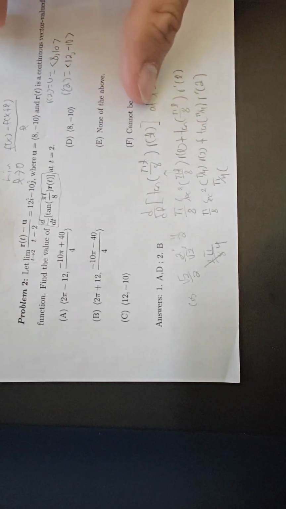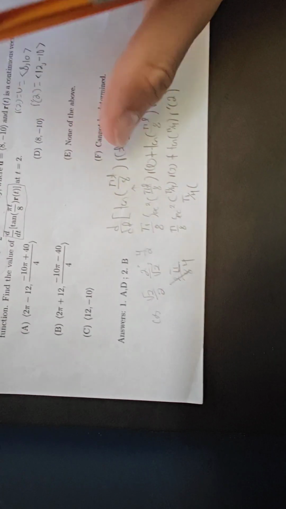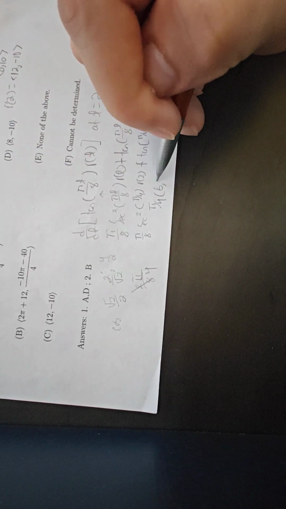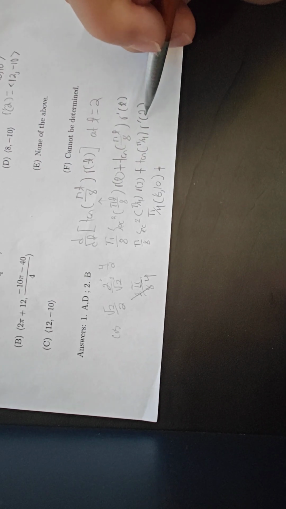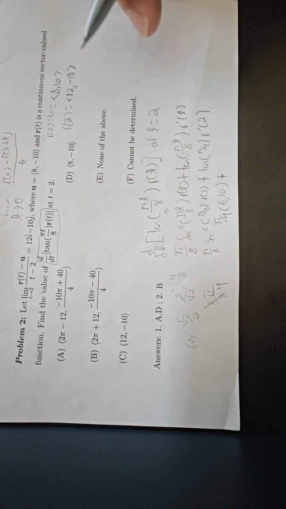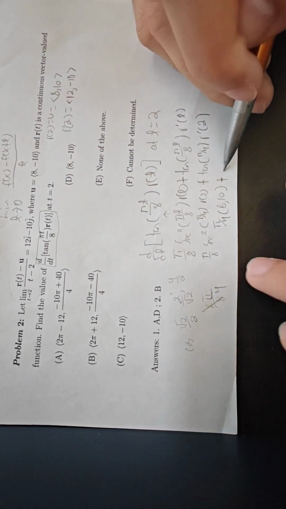So this is pi over 4 times r of 2, which our r of 2 here is going to be 8, 10, plus the tangent of pi over 4, which is just going to be 1, times r prime of 2, which is that. So it's going to be 1 times this, which is this.